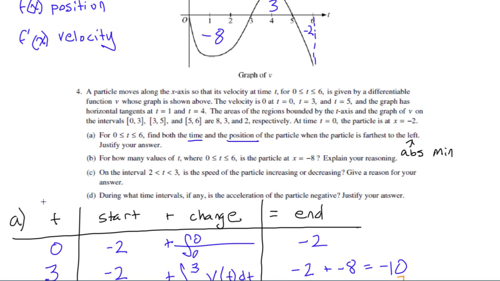If you're talking about speed increasing or decreasing, you have to compare your velocity and acceleration. If velocity and acceleration are the same, then you're speeding up, because I'm going positive, and I'm going even more positive because the acceleration is positive.